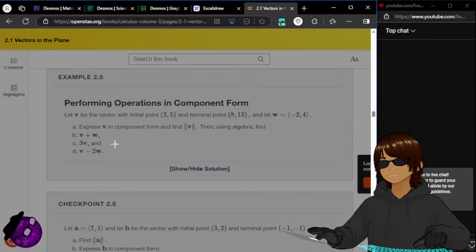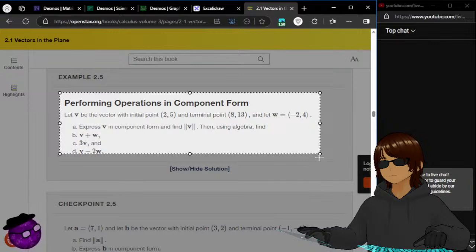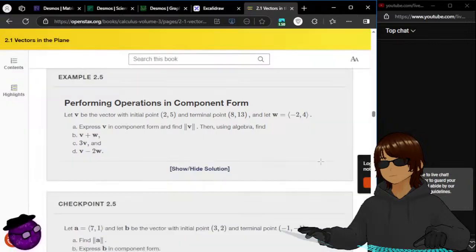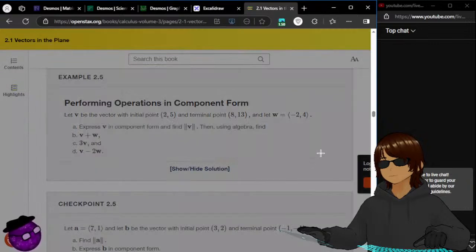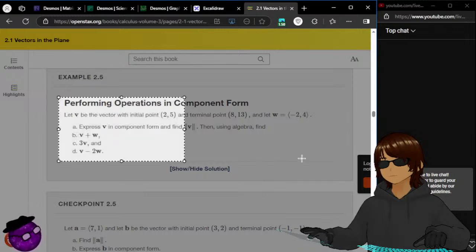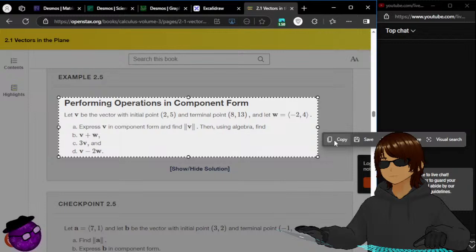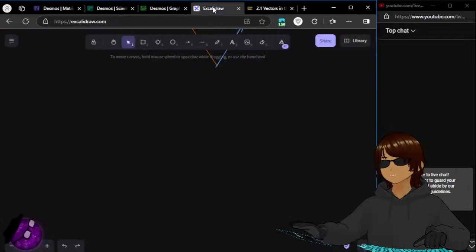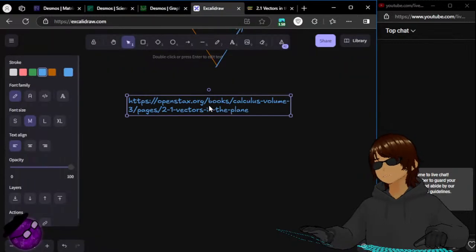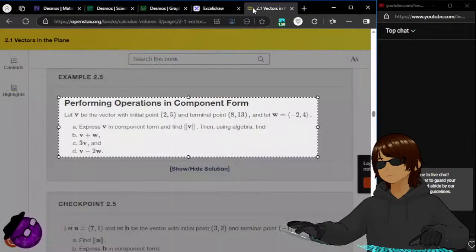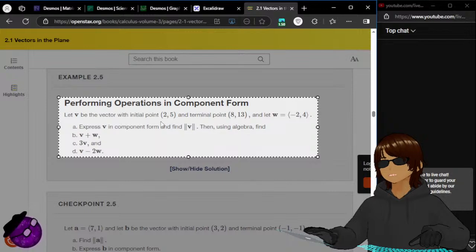Capture area. Copy. Copied. Then I don't understand what's happening.